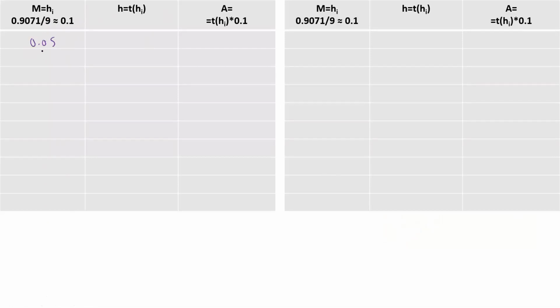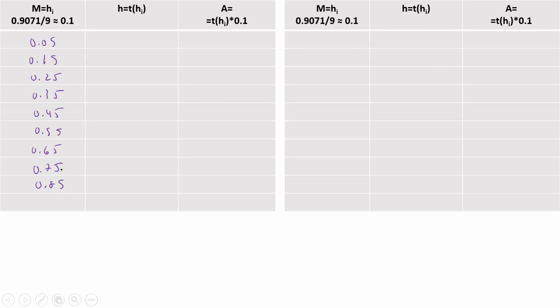And then we add another 0.1 for that, 0.15, 0.25, 0.35, 0.45, 0.55, 0.65, 0.75, and 0.85, because if we go beyond that, we're beyond the 0.9.